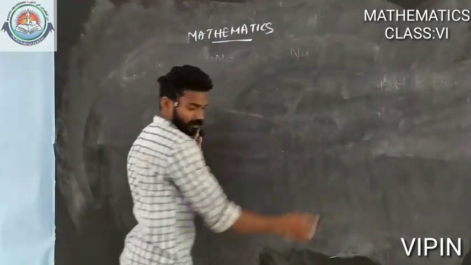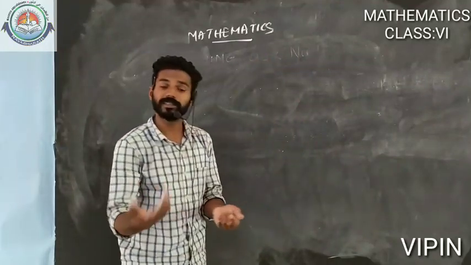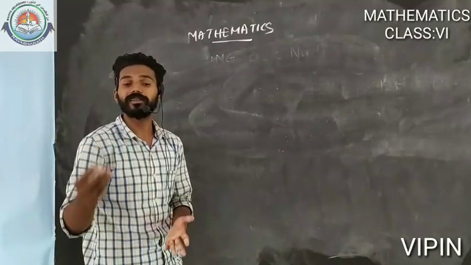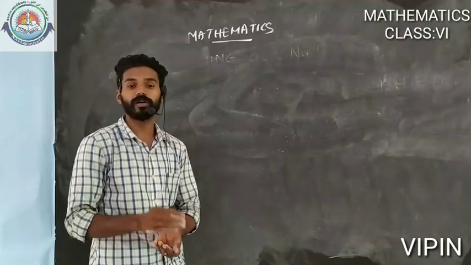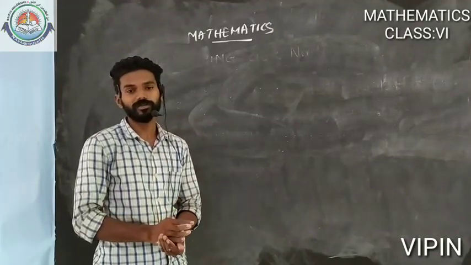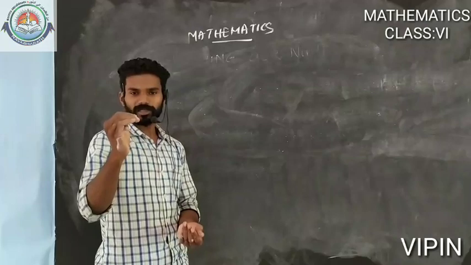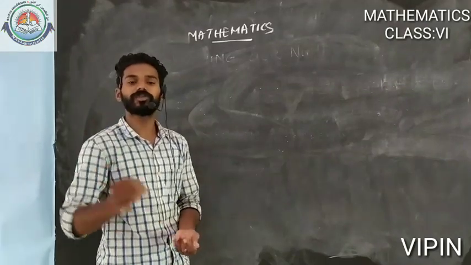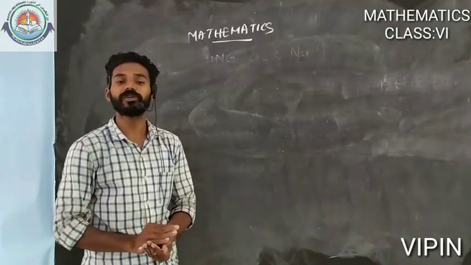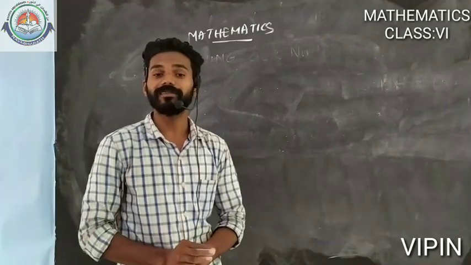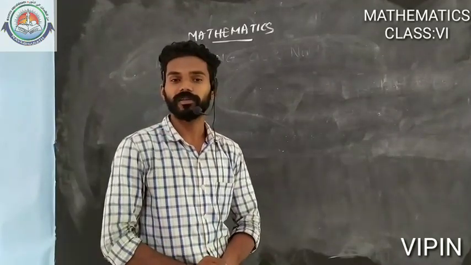So I have already told you that in decimal system there are different types of numbers. We are studying the different groups or different types of numbers that are in decimal system one by one.